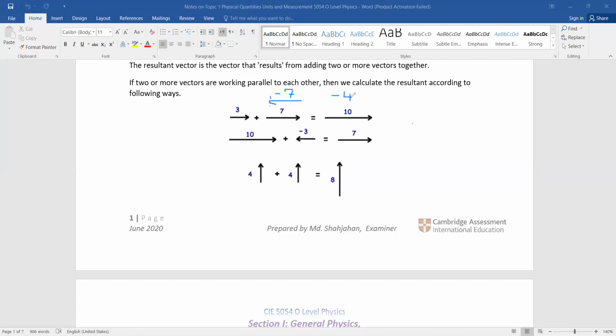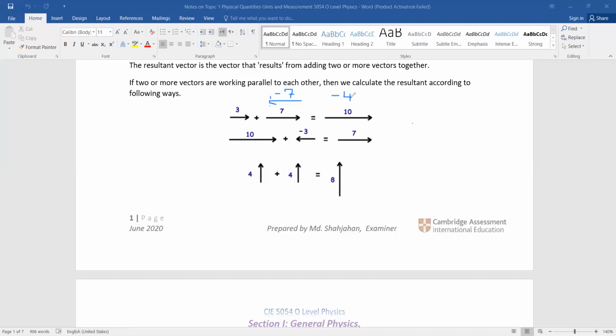And if they are not working parallel, what will we do then? If not parallel, then we can use the parallelogram method, or the graphical method.